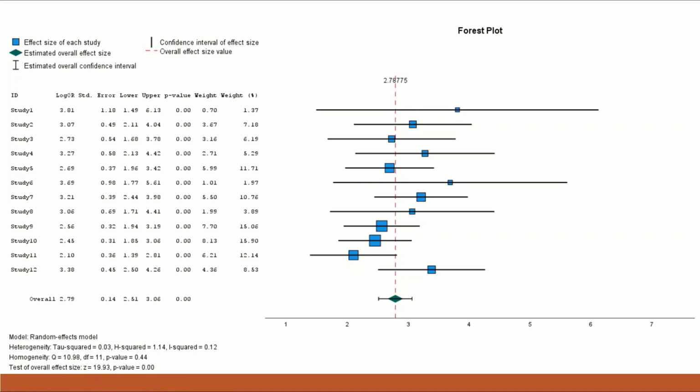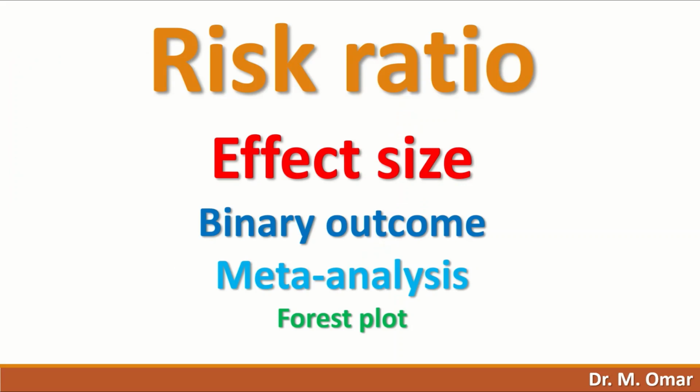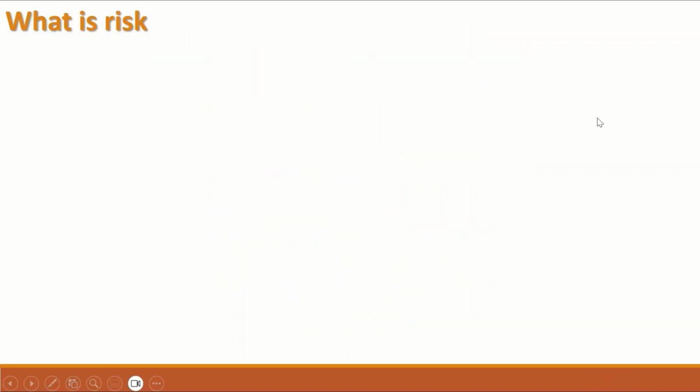So thus the odds ratio is used as an estimate of the effect size in performing meta-analysis for data that are binary. Risk ratio, which is an effect size estimate, can also be used when the outcome is binary. What is risk?